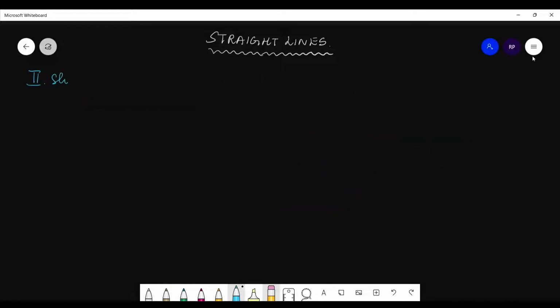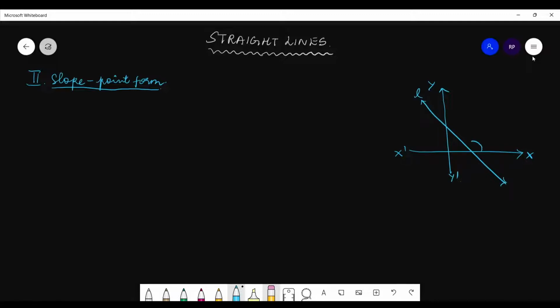The second form of equation of line, that is slope point form, right? Now we all know, say this is the coordinate axis, x-axis, y-axis, x dash and y dash. So say there is a line L. We know the theta measured anti-clockwise from the positive direction of the x-axis is called theta, that is the angle of inclination, right?